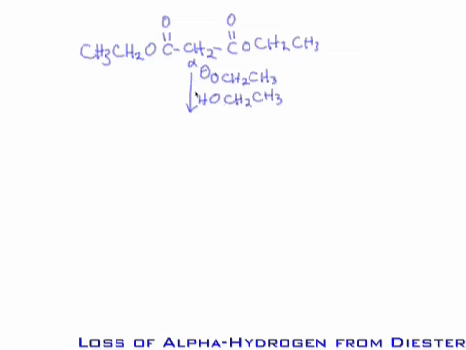Ethoxide will deprotonate the carbon, producing a CH minus. We now have a C double bond O, OCH2CH3.